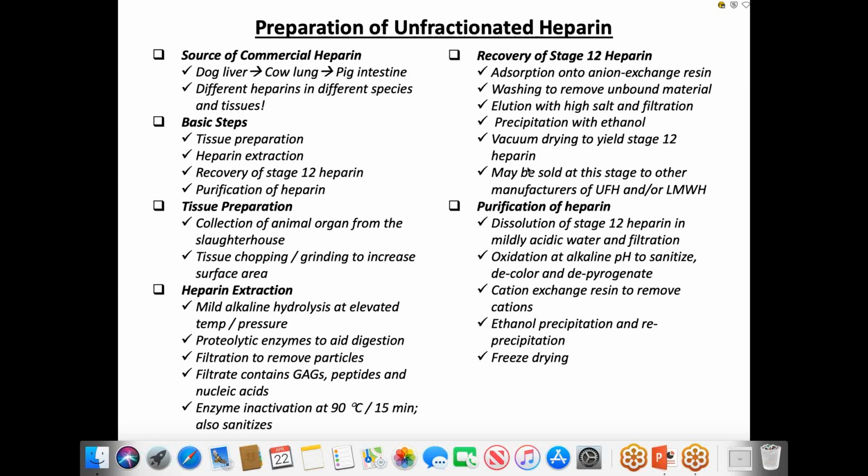The purification and followed by final preparation is essentially very simple. It undergoes several steps. Dissolve the stage 12 heparin, and then you might actually have a little bit of color at this point because there are contaminants that are present. Okay? Those contaminants can be oxidized, and then you can remove some of the cations.